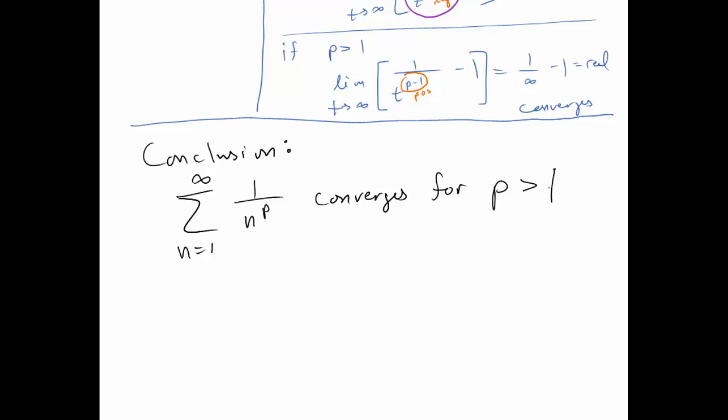This is an important series. This is called a p series. The p series converges for p greater than 1 and diverges for all other values of p. All right, that concludes the presentation for this section.